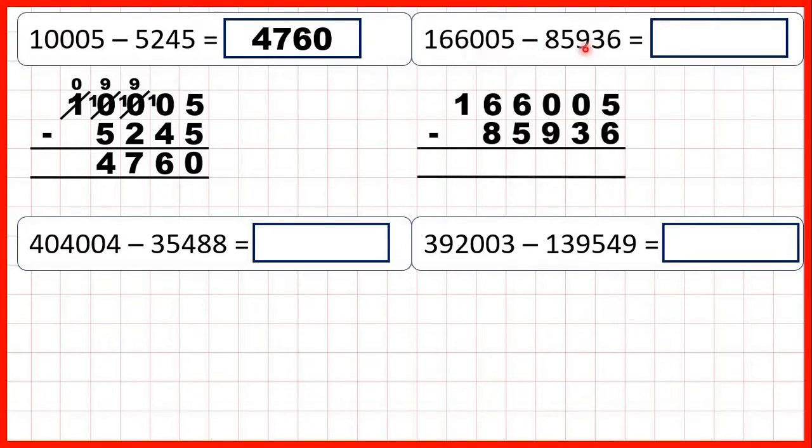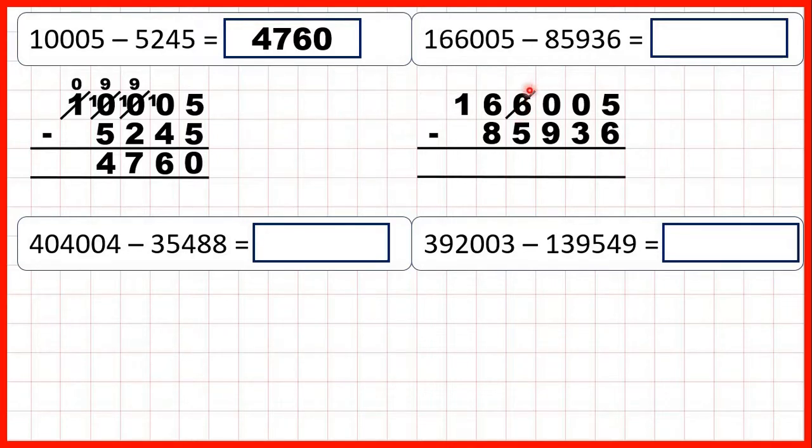Now 166,005 minus 85,936. We can't do 5 minus 6 using column subtraction because 6 is larger than 5. When we go to the left, we have a 0, and then we go to the left again, and we have another 0. So we need to go to the left once more, all the way over to our thousands digit.